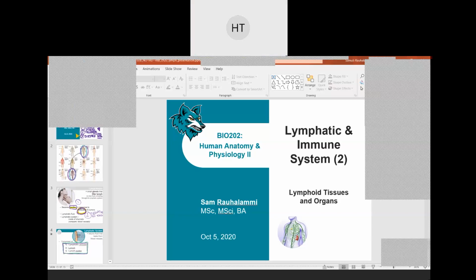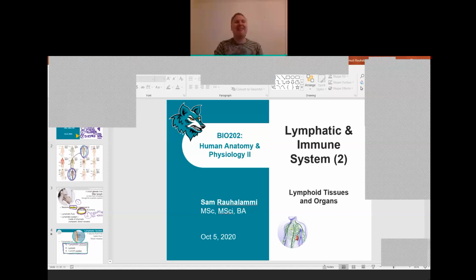Okay, good. Let's have a look at the immune system, if you have time, and see just what might be throwing you off on that. I really think the reason why you might be finding the immune system tough is that it's not actually anatomical structures. The immune system is all about function.